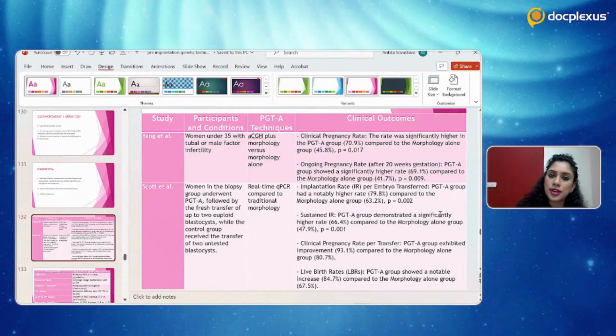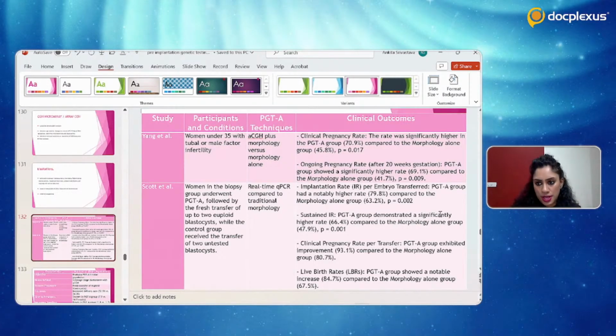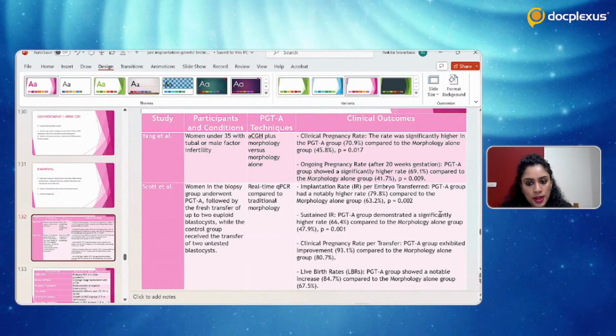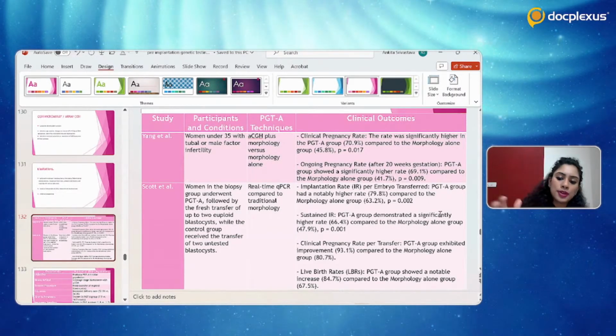The implantation rate per embryo transferred in the PGTA group was notably higher, with a significantly higher sustained implantation rate. The clinical pregnancy rate was also improved when PGTA was done as opposed to the morphology alone group. And even the live birth rate was improved in those patients.